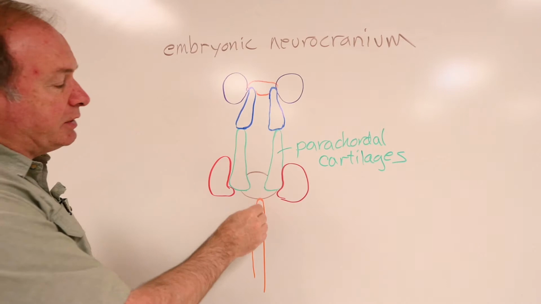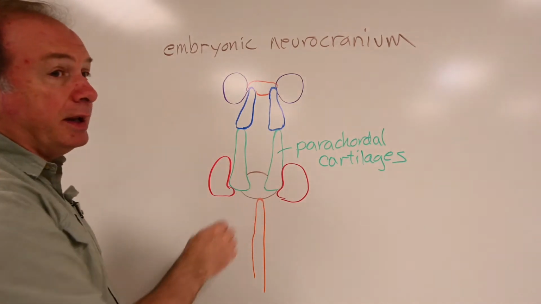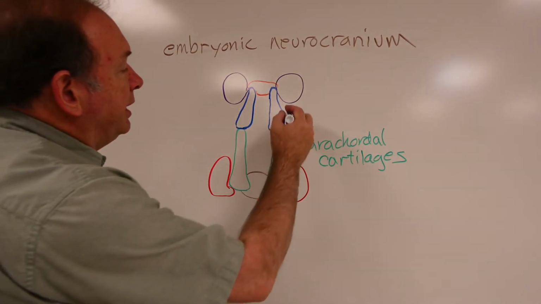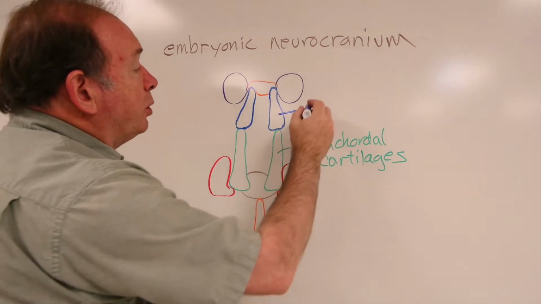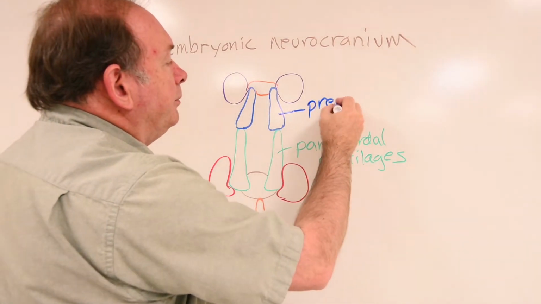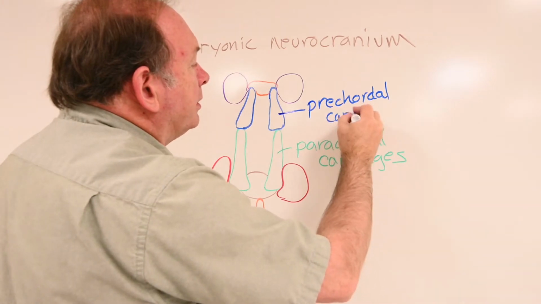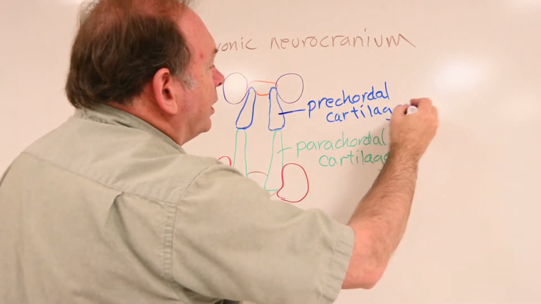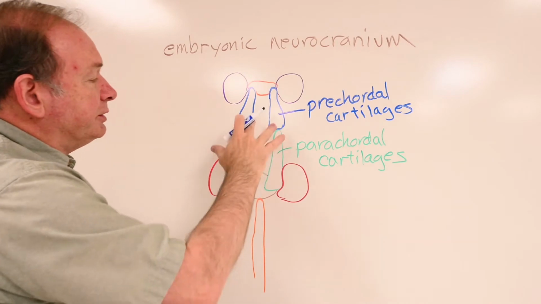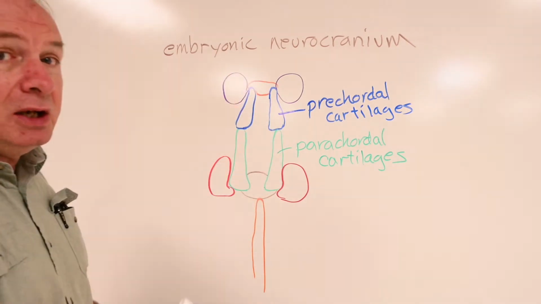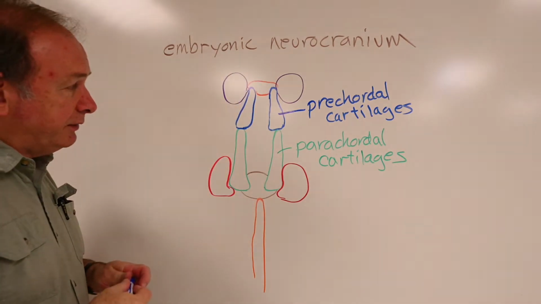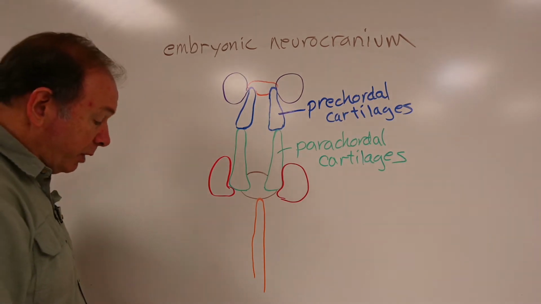Para just means next to, so they're kind of right next to where the notochord ends, and these are referred to as prechordal cartilages on either side in the front. So that makes up the main linear support left and right beneath the brain.